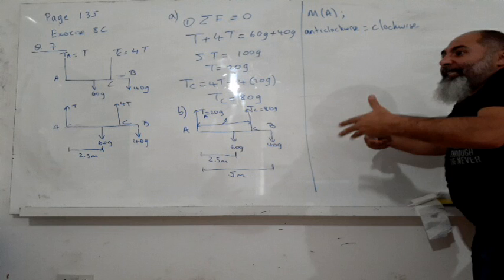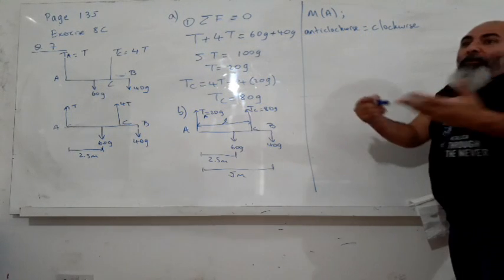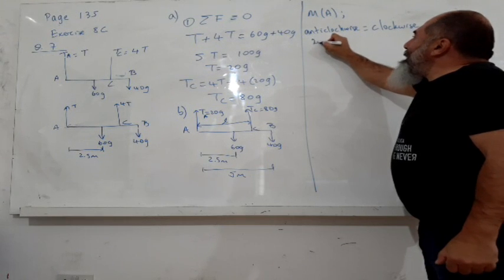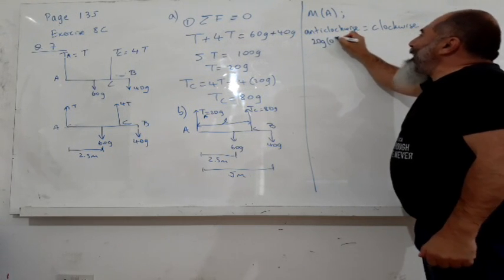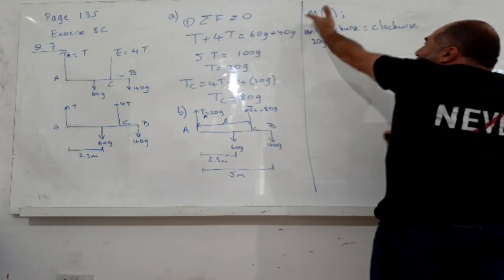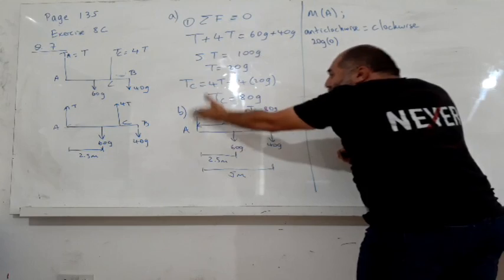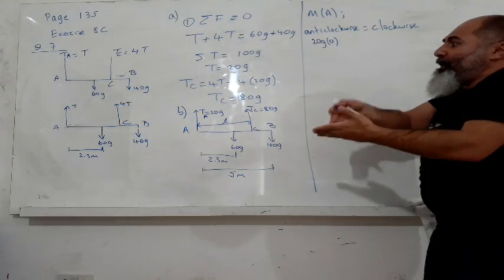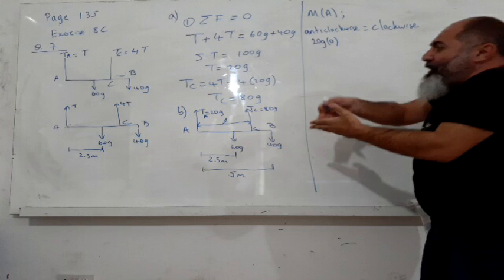0. So what is moment? Force times distance. So it is going to be 20 G, but its distance is 0, because we are taking moments about A, but it is on A. So the distance between tension A and point A is 0.